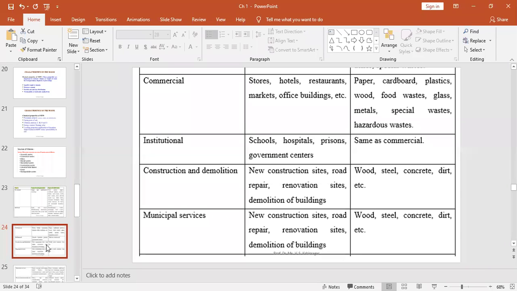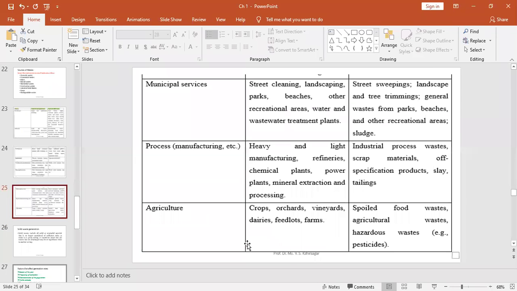Then municipal services. Whatever services the municipality provides to the public are the municipal services. In that, street cleaning, gardens, and parking are provided, and the water supply system and wastewater system are there.